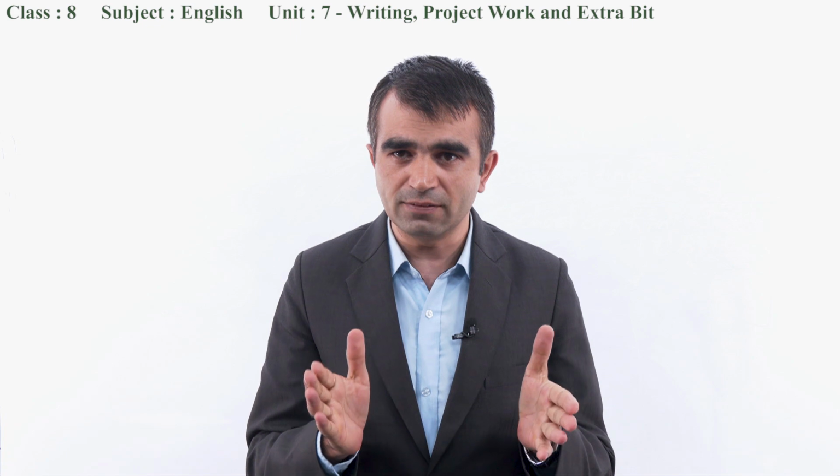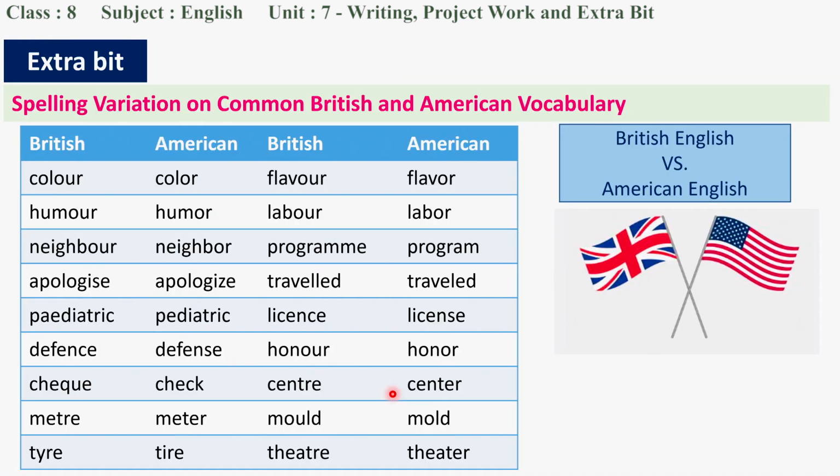Okay? Good. Okay, dear students, finally in your book there is an extra bit. At the end of Unit 7 there is an extra bit. Read what is there in the extra bit. Okay, read it loudly. Yes, spelling variation on common British and American vocabulary.